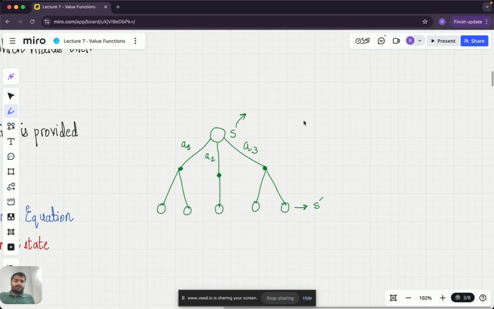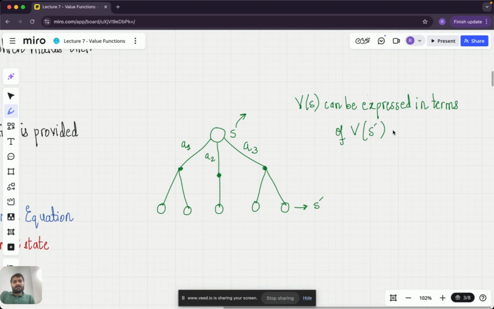Now, conceptually, what the Bellman equation says is that the value function of the state S can be expressed in terms of the value function of S dash.